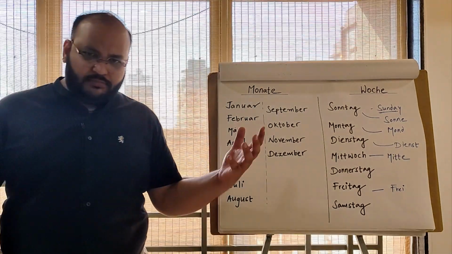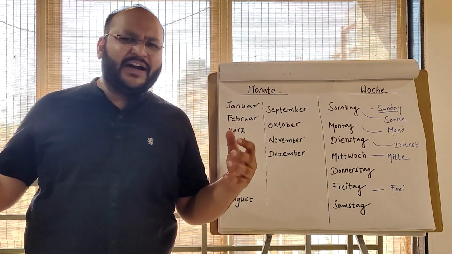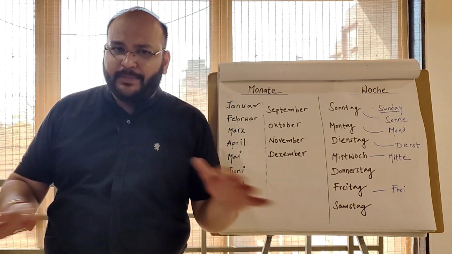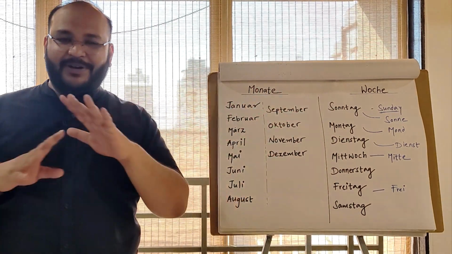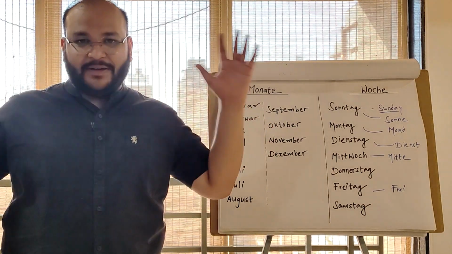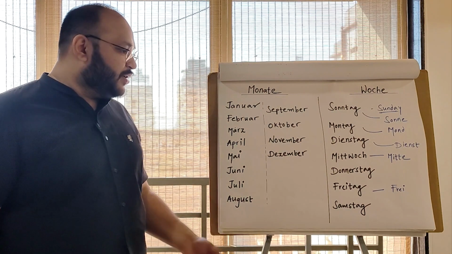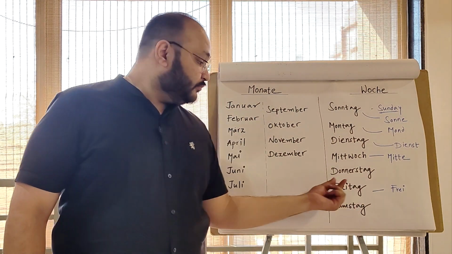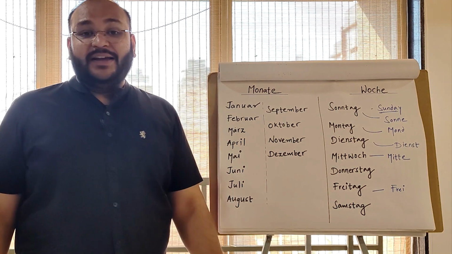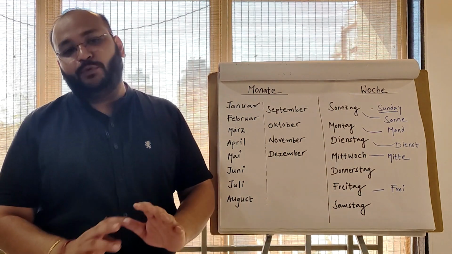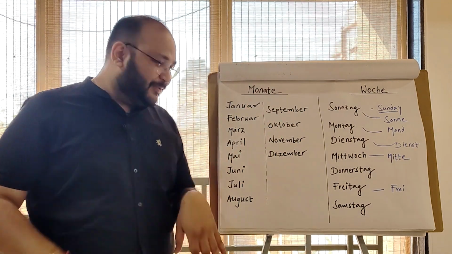But we can make it simpler. After Friday comes the weekend. Everybody is free, going to party and have some fun. Free in German is called frei, and so Freitag. Saturday is called Samstag, and I have no idea where this word came from. If you find a clue, do let me know.